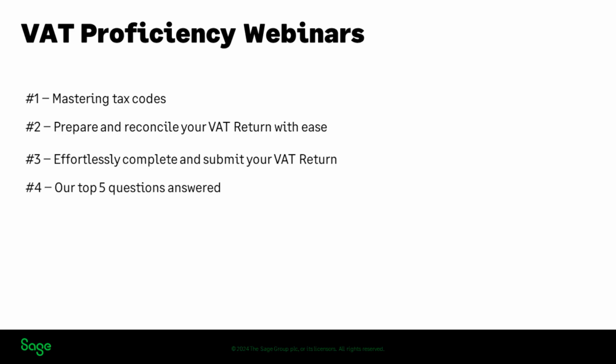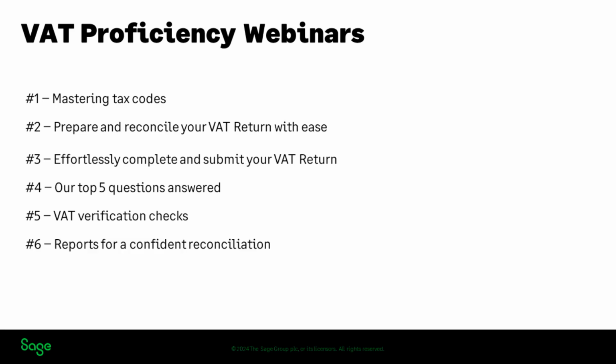In session 4 we'll highlight some of the most common queries that we regularly support our customers with. And in session 5 we'll dive into the VAT verification checks that form part of the VAT return wizard. Session 6 explores the process of checking your VAT return using the key reports that are available in Sage 50 accounts. Our final session looks at corrections, and if you need to post one, what the impact is. As you can see, there's a wide range of topics available.